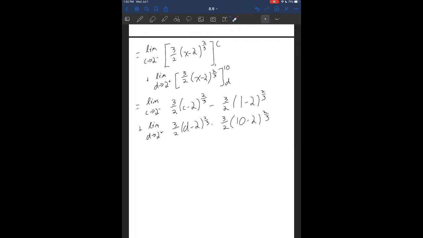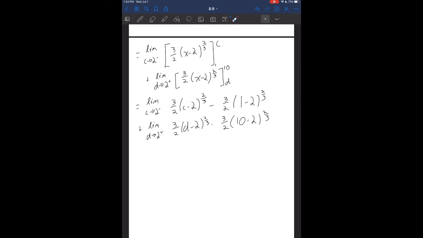Okay, so now let's talk about what these limits are going to do. Because at no point in this limit right here am I dividing by anything remotely close to 0, I'm just taking something that's going to get closer and closer to 0 as c approaches 2, raised to the 2/3. This is going to turn into a 0.